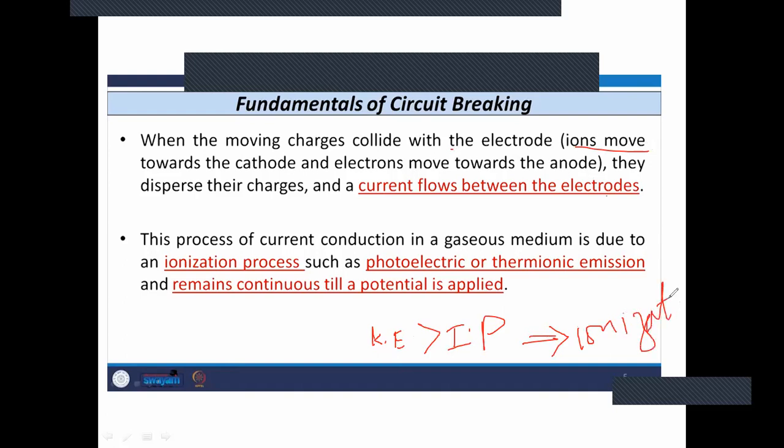It will be more dangerous because these ionized particles will then act as the source of ionization for the next neutral particles. That is why this type of ionization should be avoided.